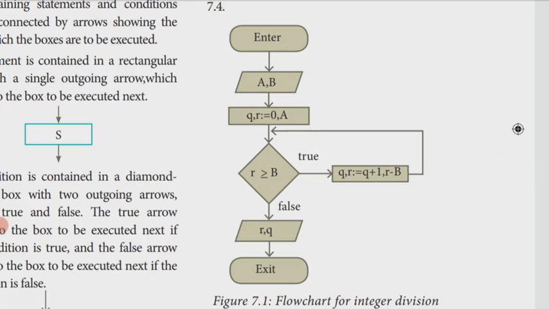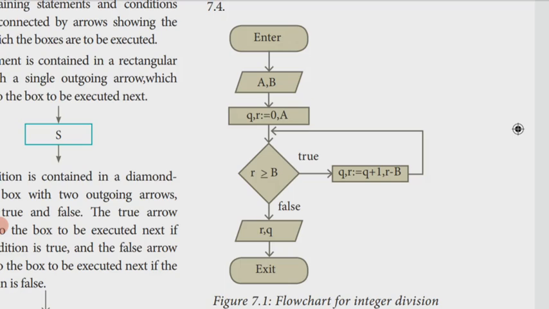Then Q, R becomes 0, A. Here Q is the quotient and R is the remainder. So the quotient should be 0 and the remainder A, that is what they assumed.